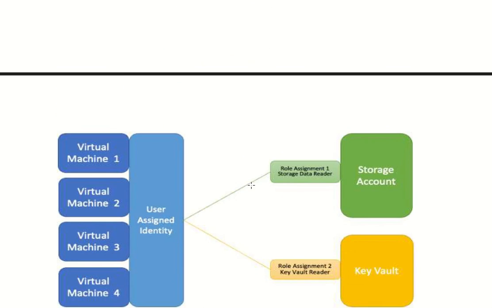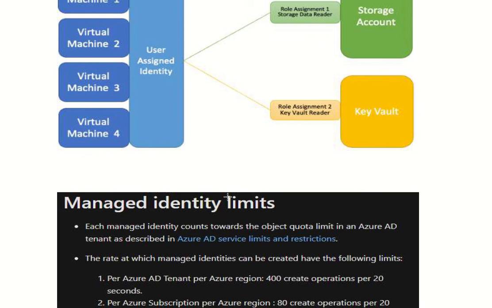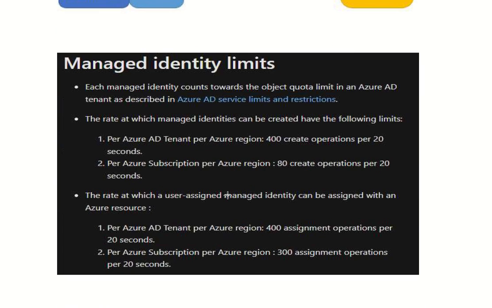So these are the points where user assigned identities shine, and there are some limits associated with managed identities. Each managed identity counts towards the object quota limit in an Azure AD tenant. This is a snapshot I have taken from the MSDN. The rate at which managed identities can be created has the following limit.